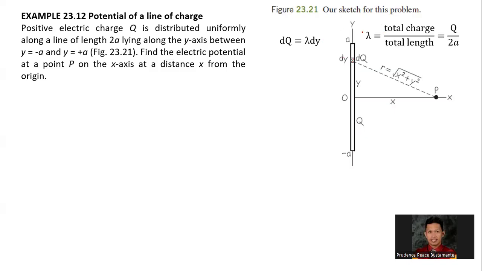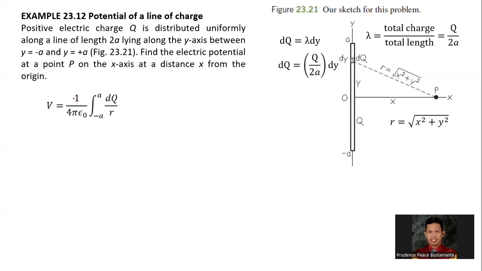The linear charge density is just equal to the total charge over the total length. The total length here is 2a, and the total charge is q, so we can substitute this one. Our dq is q over 2a dy. We also know that r, the distance from dy to point P, is the square root of x squared plus y squared.